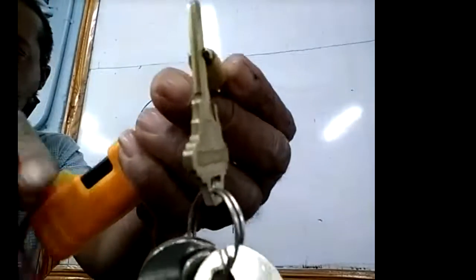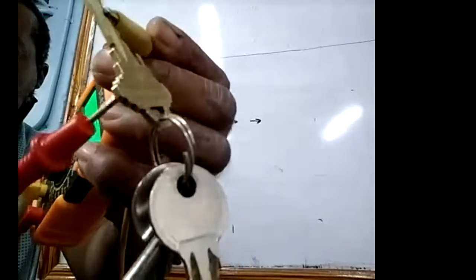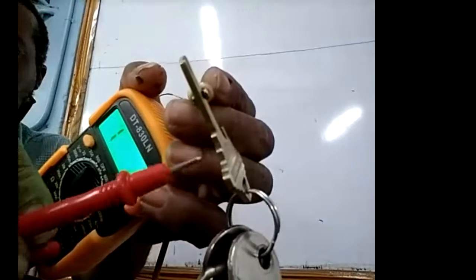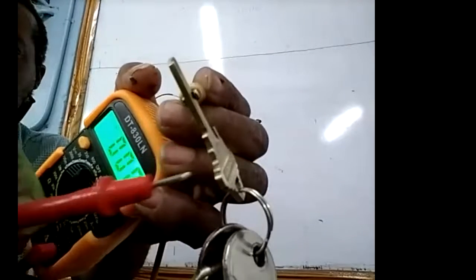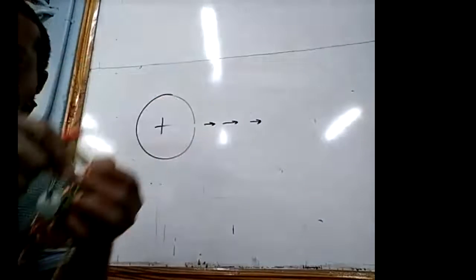It is making a sound. Everybody hear the sound, and you can see the movement on the meter itself. You see? That means that it's going through the metal. So the metal is a conductor.